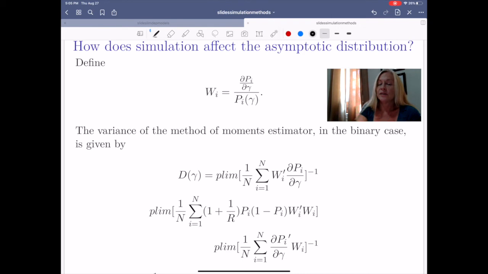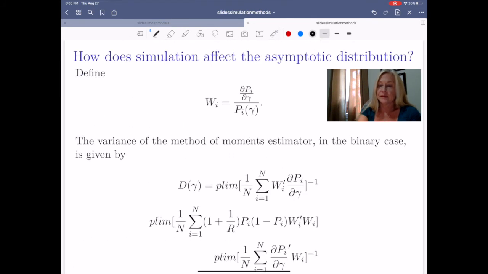So the variance formulas, this is for the standard GMM estimator, like D'VD inverse, the same formulas that we did before. The only difference is this term here.